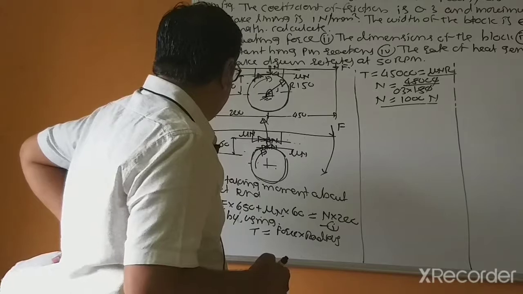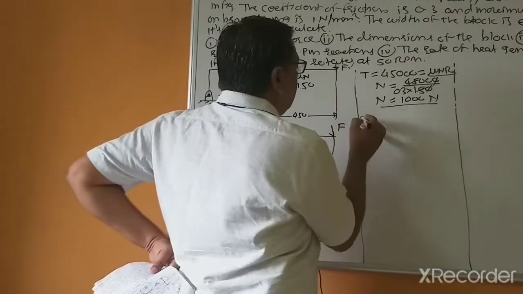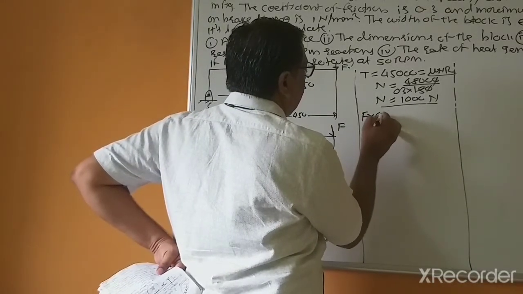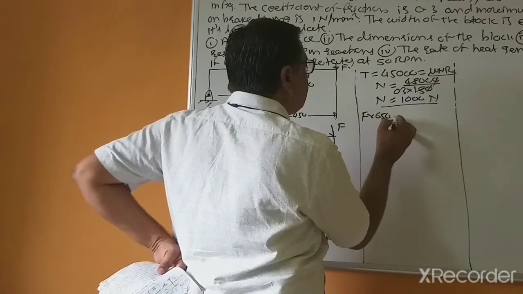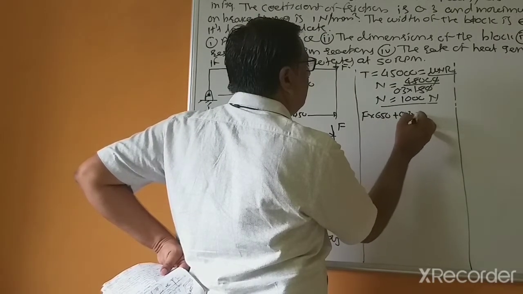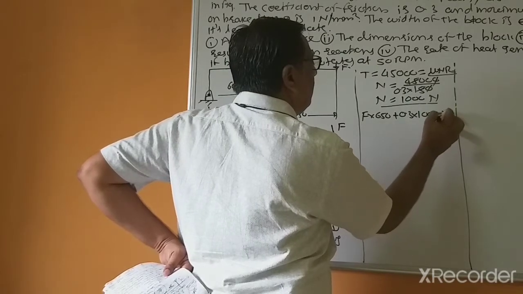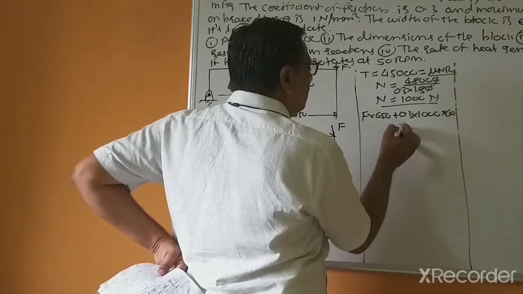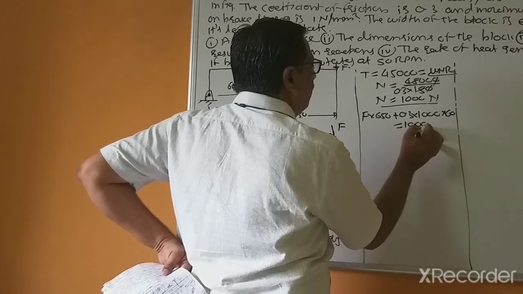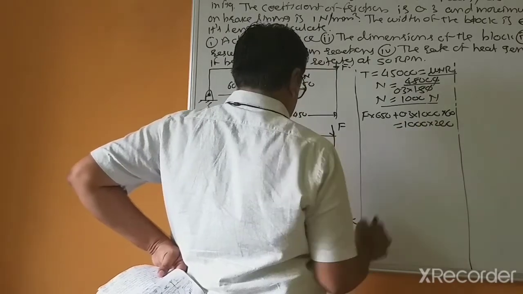Now putting the N value in this equation: F into 650 plus 0.3 into 1000, multiplied by 60, equal to 1000 into 200.